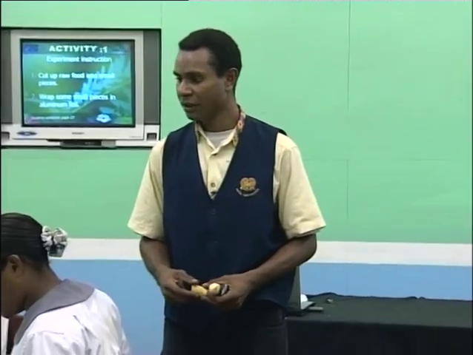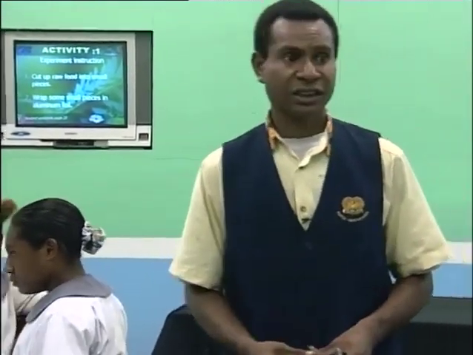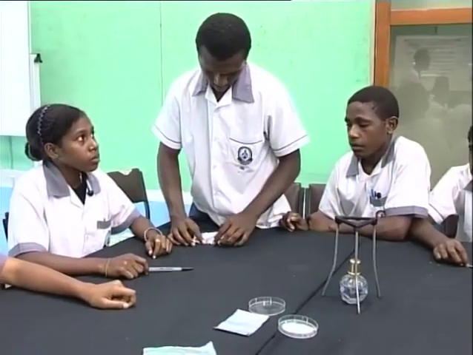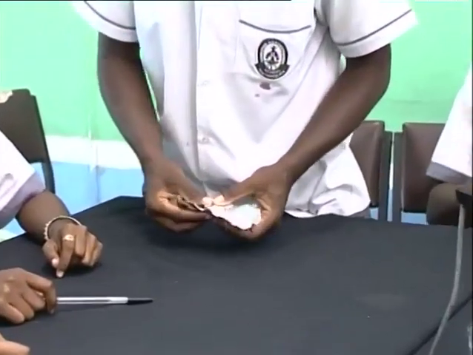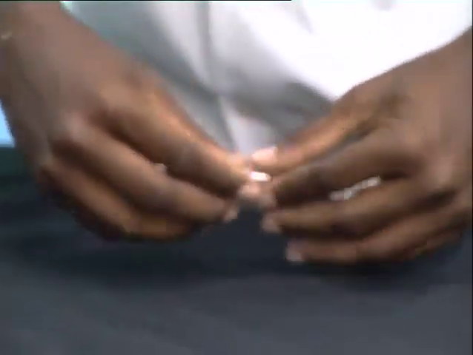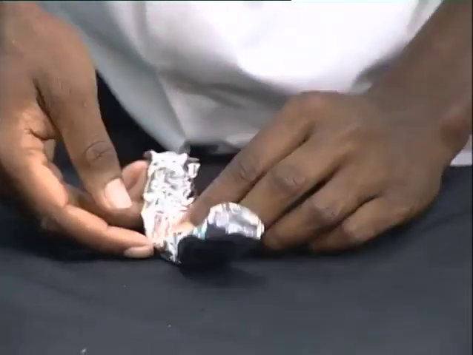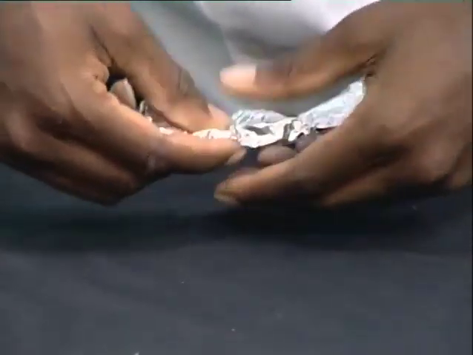So you should be wrapping your food. Wrap it neatly. Don't squish it. Wrap it neatly and make sure that you have a kind of handle at the top for you to take.